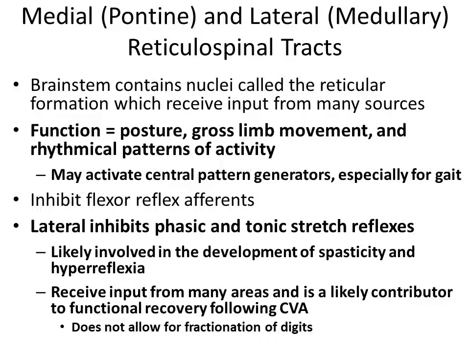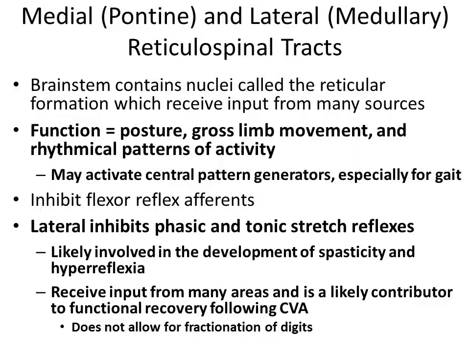The reticulospinal tracts start in a network of nuclei within the brainstem called the reticular formation. This is a rather large network that runs the length of the brainstem and is made up of several different nuclei. The medial reticulospinal tract starts in the pons, while the lateral starts in the medulla.